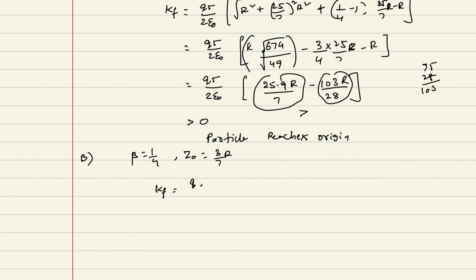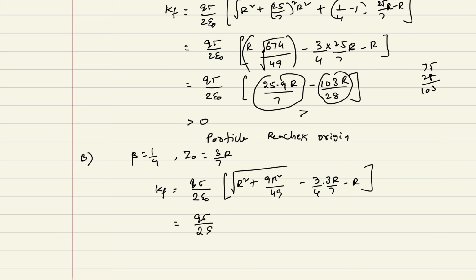In this case, again, if you substitute the values, K final is equal to q sigma divided by 2 epsilon naught, root of r square plus 9 r square by 49, minus 3 by 4 into, beta minus 1, 3 r by 7 minus r.